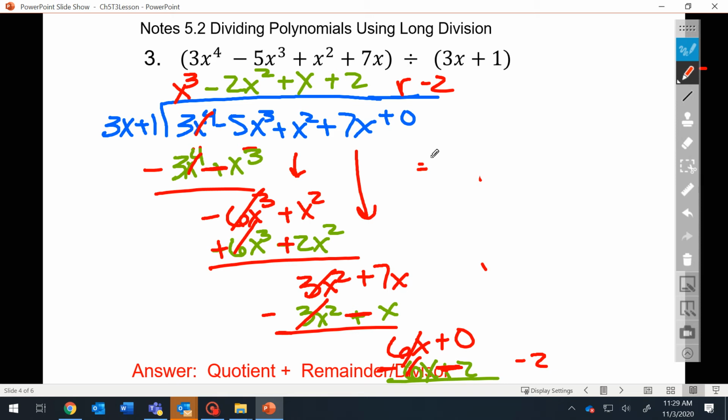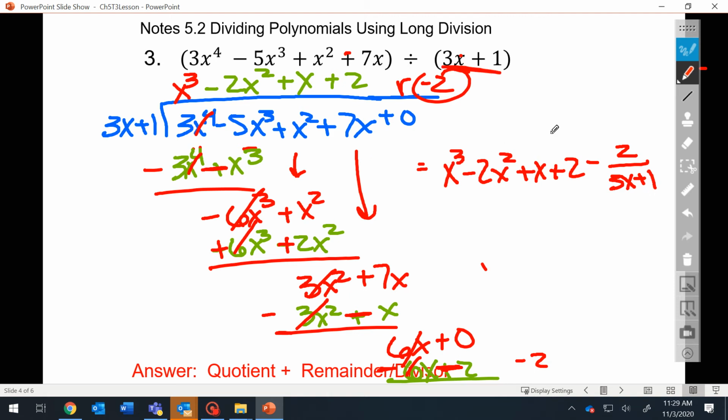So this is equal to, when I divide this by this, I get x cubed minus 2x squared plus x plus 2, and then my remainder minus 2 over 3x plus 1, what I divided by, which was 3x plus 1. Alright, that is my quotient right there. Not going to go through and check it. I will leave that up to you to check.